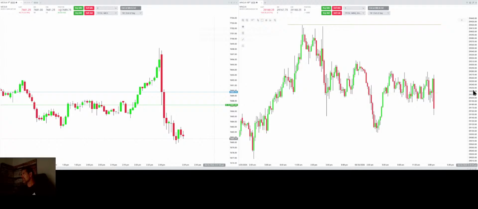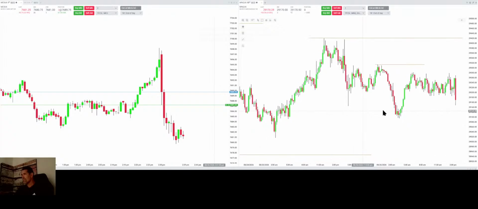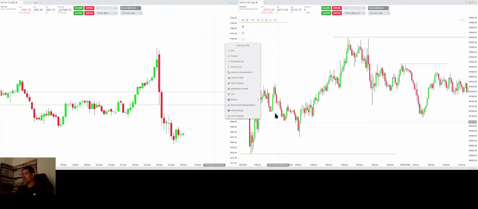Okay, so 15 minutes, let's plot some more levels. We did go down here, we came back up, so this one is actually strong. Yeah, okay. Okay, this is actually also strong.